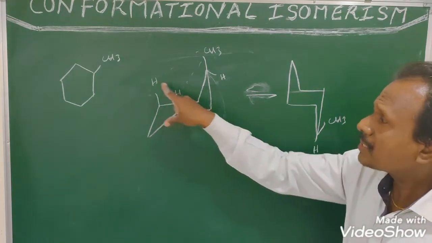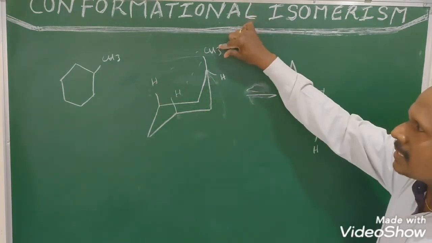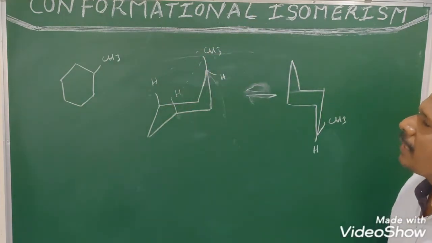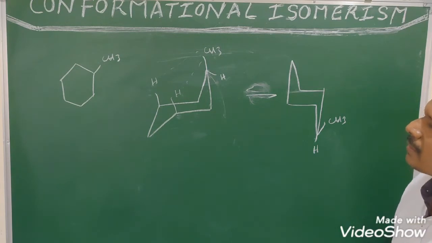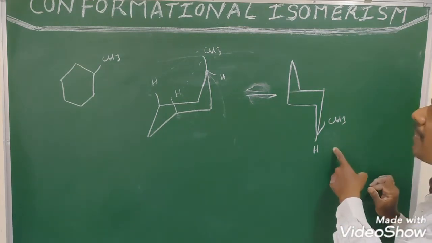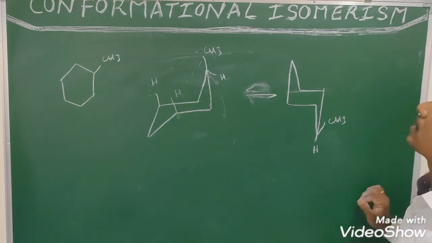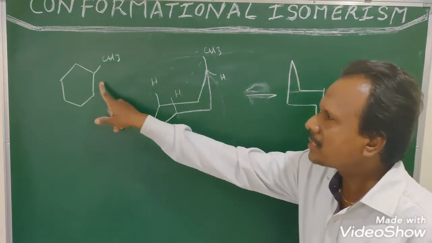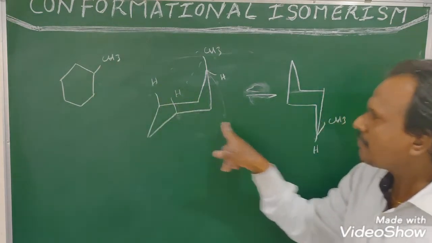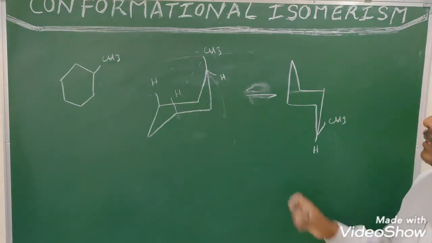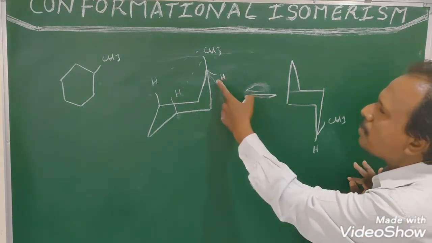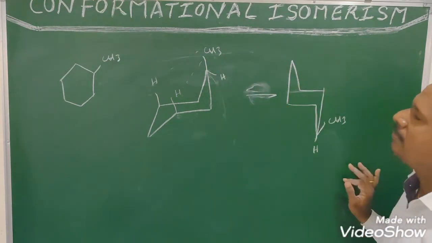Due to the interactions of those axial H atoms, it is unstable. Due to repulsions, it is called 1,3 diaxial interactions. Such interaction does not operate in this chair conformation. So in the case of monosubstituted cyclohexanes, each has two chair conformations. The chair conformation in which the substituent is in the equatorial position is more stable than the one with the substituent in the axial position.